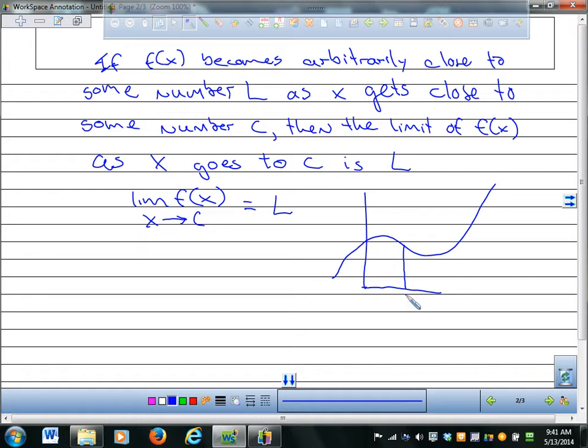So if this is some point C, and x is any arbitrary x value, as you get closer and closer to C, you're going to get closer and closer to some value for L over there. So as I get closer and closer to this x value, I'm going to get closer and closer to some y value. And that's what a limit is.